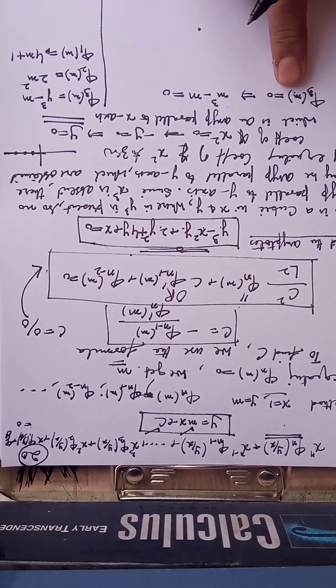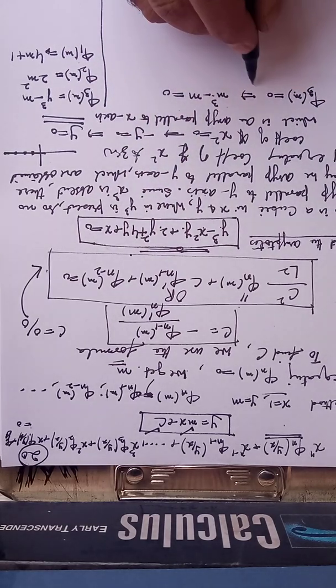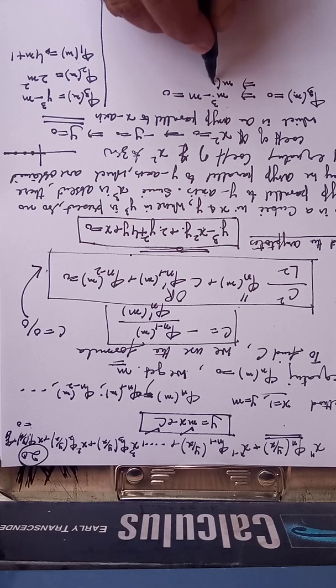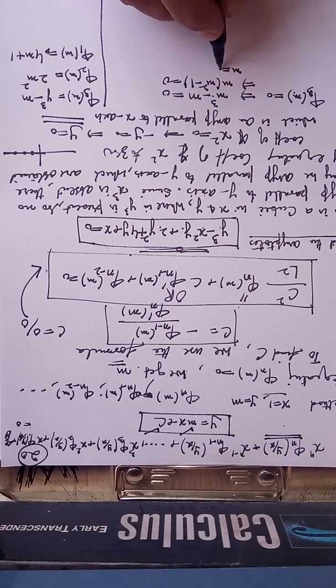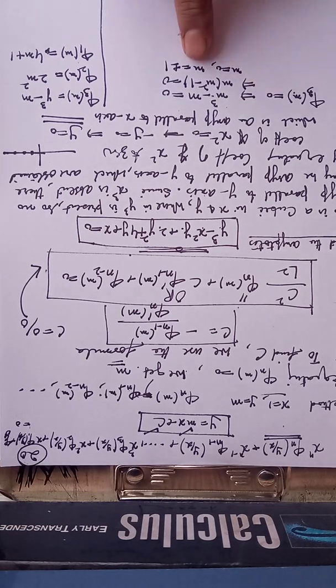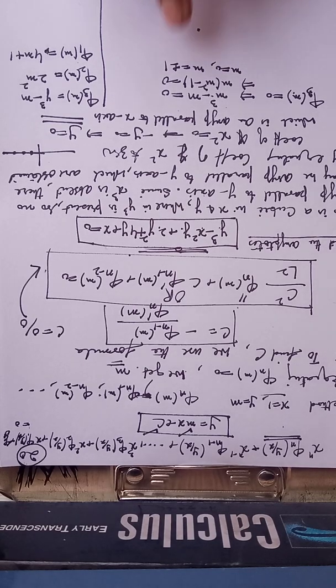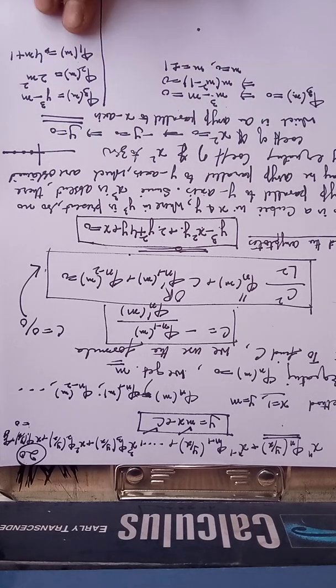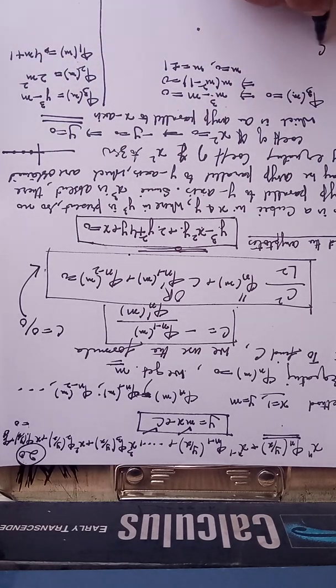Now phi 3m equal to 0 means m cube minus m. This is m into m square minus 1 equal to 0. This is m equal to 0, m equal to plus minus 1. Okay, so you have 3 m's. Corresponding to 3 m's, you will get 3 straight lines, y equal mx plus c. Now phi 2m you already know. Now what is c?